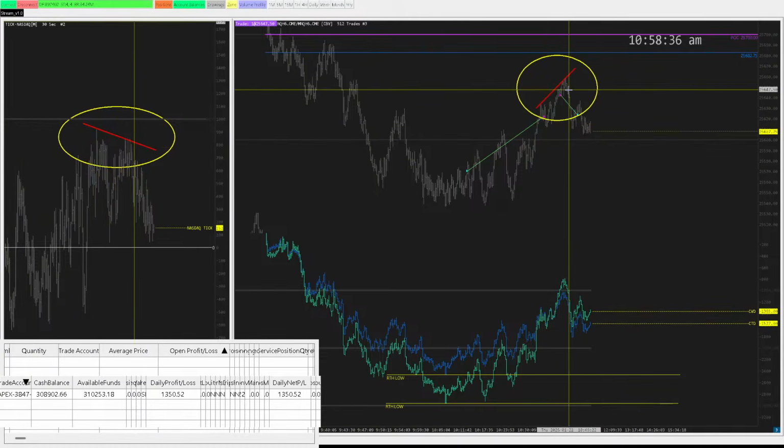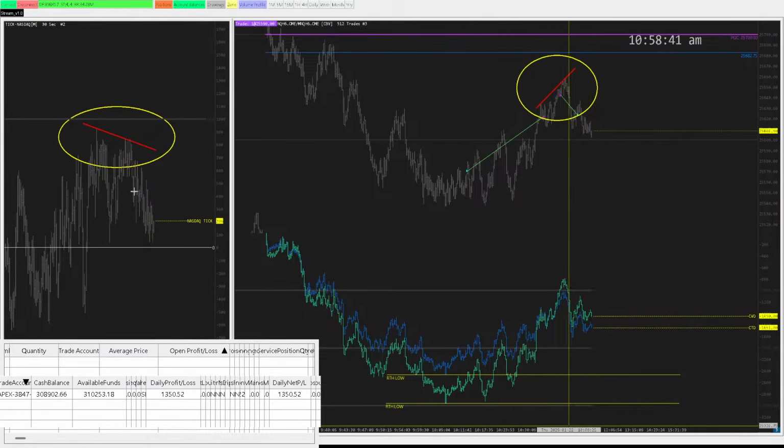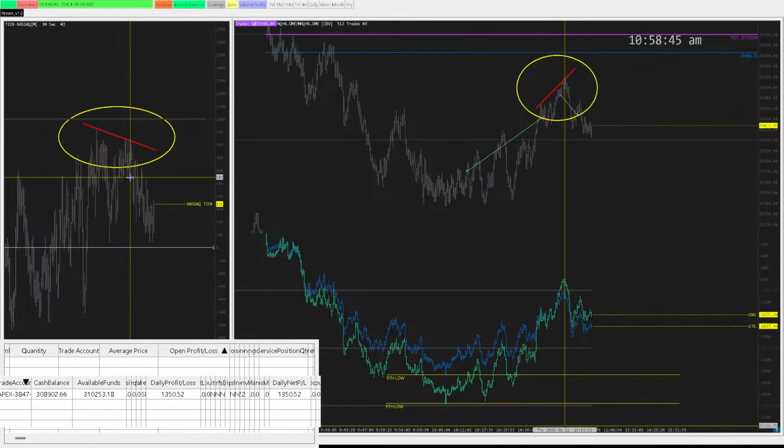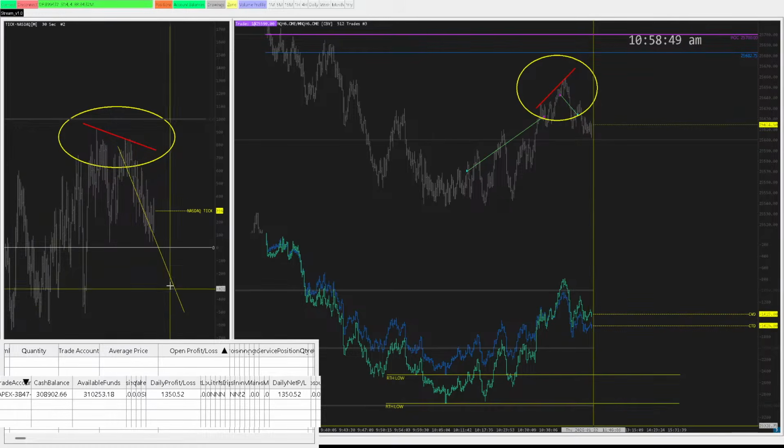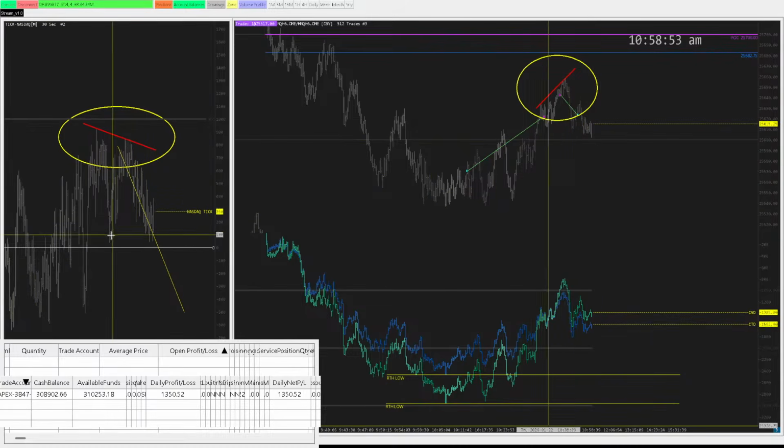The Nasdaq, right? So if we have a bearish divergence in the Nasdaq, I believe that it is much more likely to continue to go lower than the NQ. It's just kind of how I look at it.